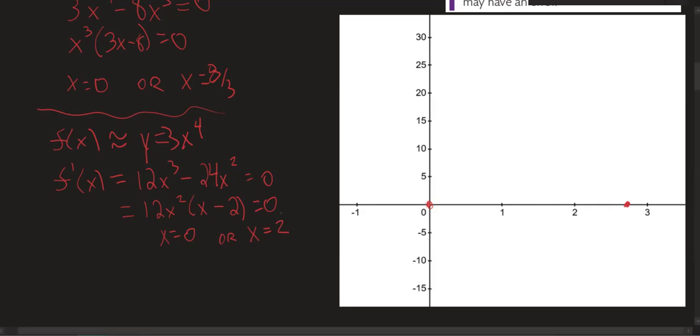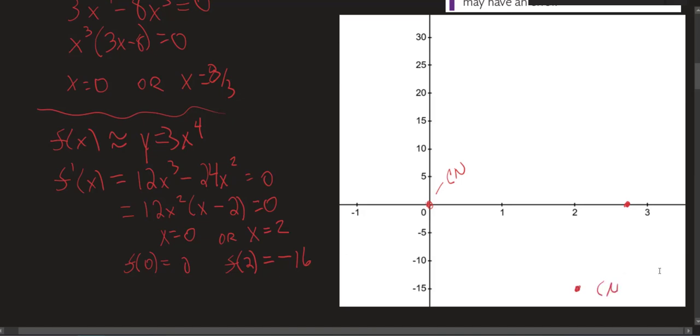Then we can go ahead and get the function values at those points and plot those. So f of 0, plug 0 into the original function, you would get 0. And then if you plug 2 into the original function, I already figured this out, you get negative 16. So we can plot those points. 0, 0 is already on there, but we know this is going to be a critical number. And then at 2, negative 16, we know that's also going to be a critical number as well.